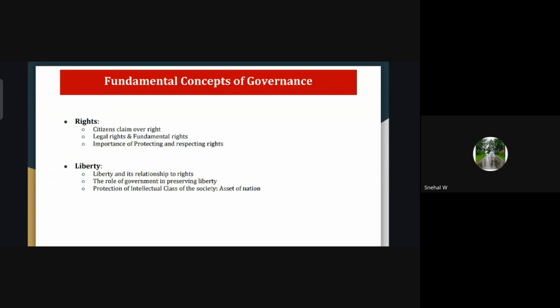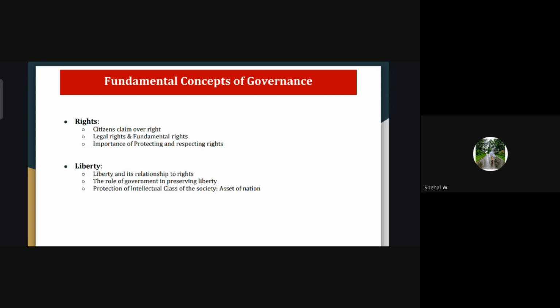Again, we have to understand the difference between legal rights and fundamental rights. This is something essential. Legal rights are such rights which are given by the Constitution.